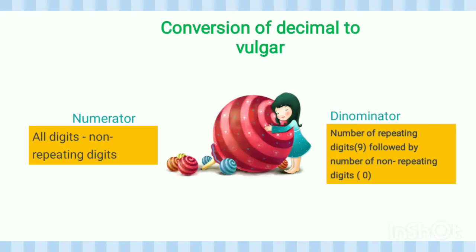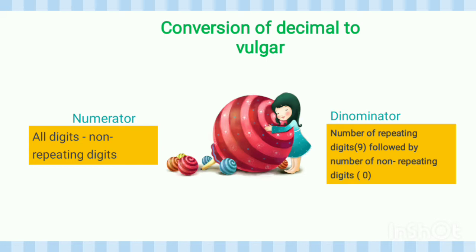Let's quickly recap how to convert a decimal into a vulgar fraction. For the numerator, what we have to do is form a number with all the digits minus the number formed by the non-repeating digits.